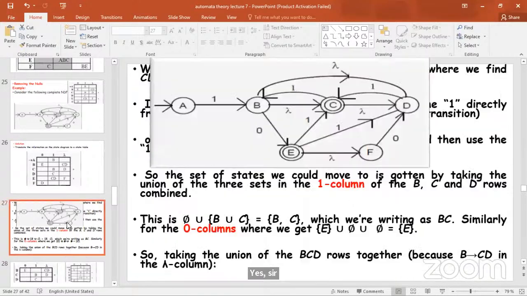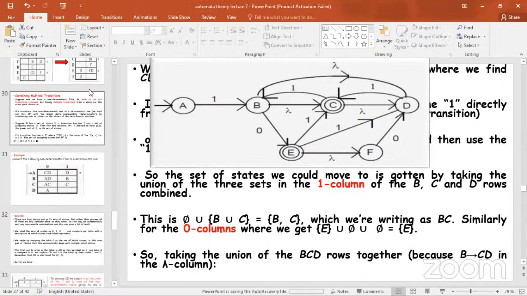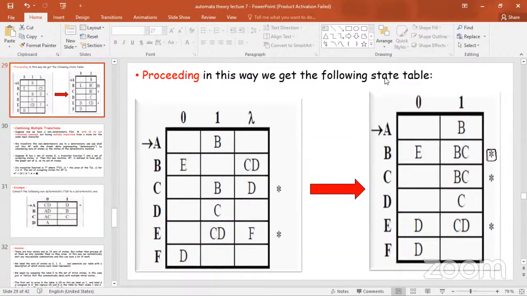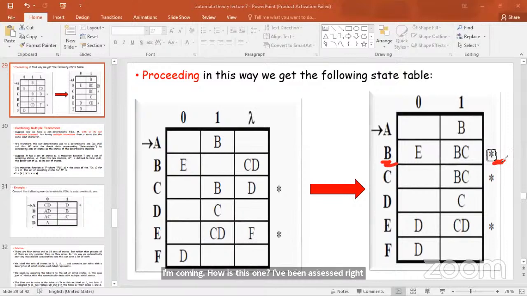This is the diagram, right? So how is this one having an accepting state here?